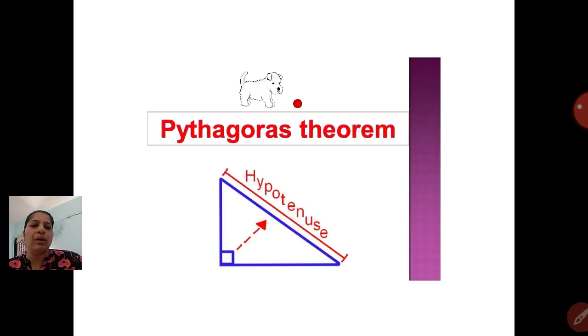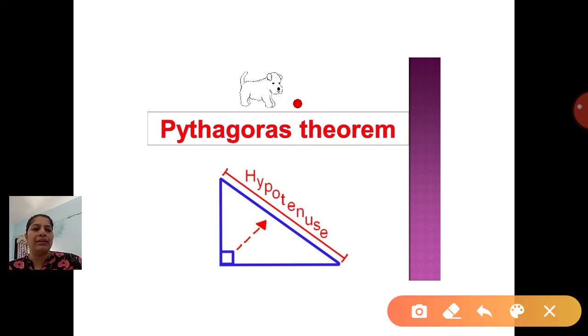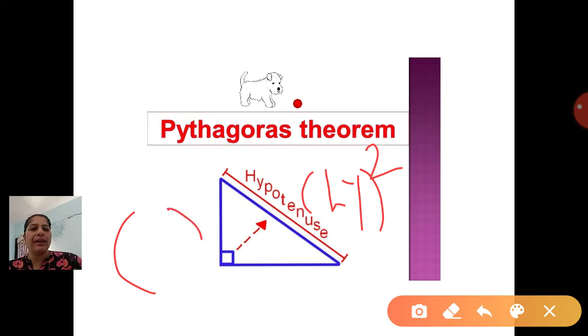Now we have seen the Pythagoras theorem. You have learned in 7th standard also about the right angle triangle. The triangle in which one of the angles is 90 degrees, and the side opposite to the 90 degree angle is called the hypotenuse. And we know that the square of the hypotenuse is equal to the sum of the squares of the remaining two sides.